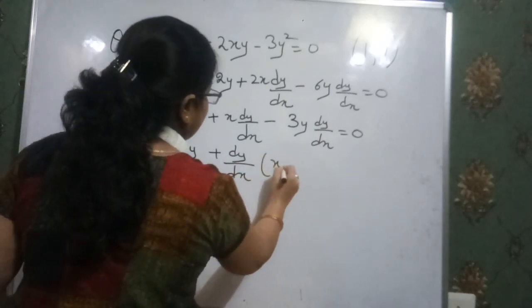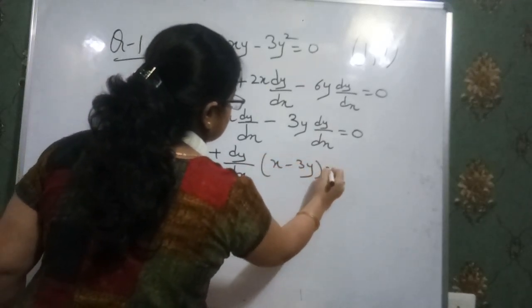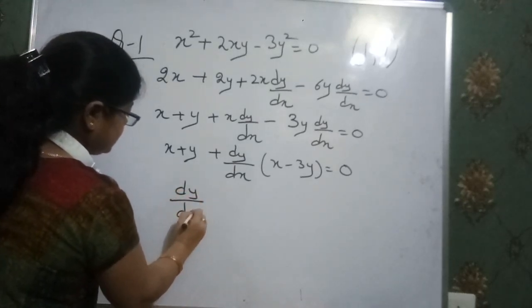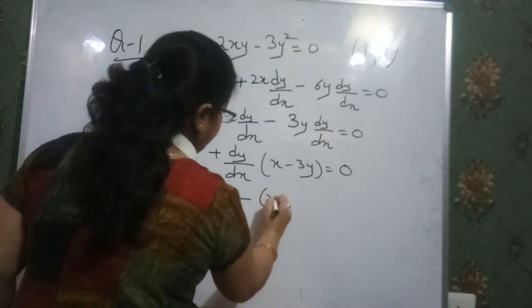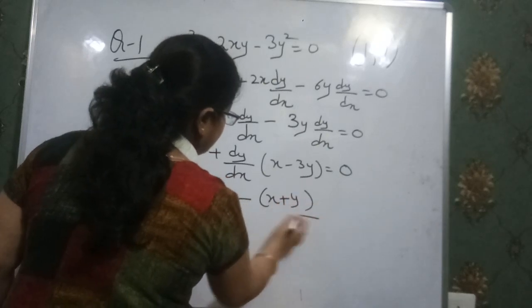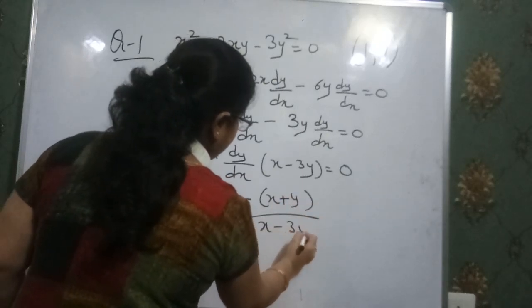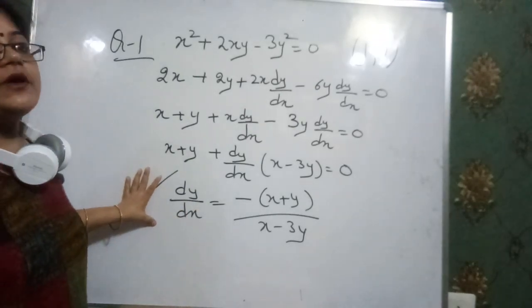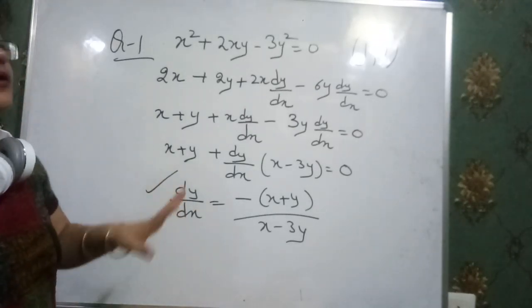We are left with x minus 3y, so dy over dx is equals to minus of (x plus y) over (x minus 3y). In this way we first found the value of dy by dx of the curve.